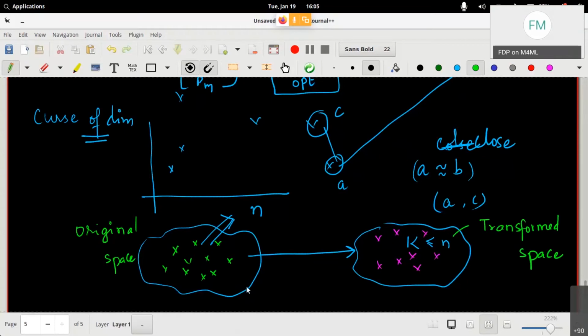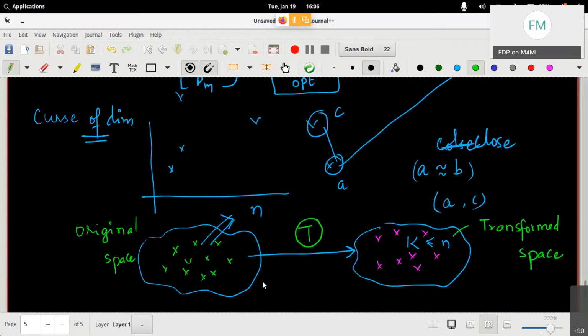Correct? So now the whole idea is you're trying to do some kind of mapping, that means some kind of transformation, and I'm stressing that this transformation is linear. So I'm trying to do some kind of linear transformation.